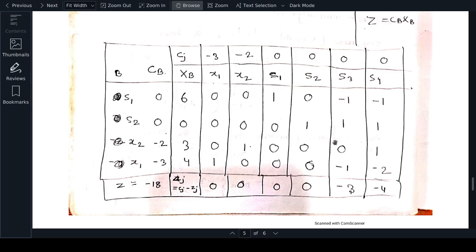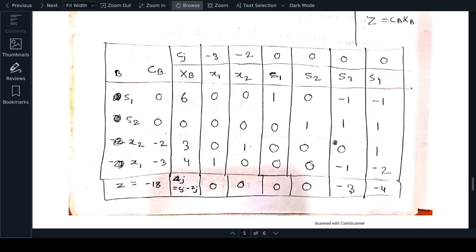We'll try to solve this one. First read the procedure, then try to solve. This method is the same: new element equals old element minus the intersection of key row and key column. The only difference is that in the dual simplex algorithm, there is no need to find the minimum ratio.